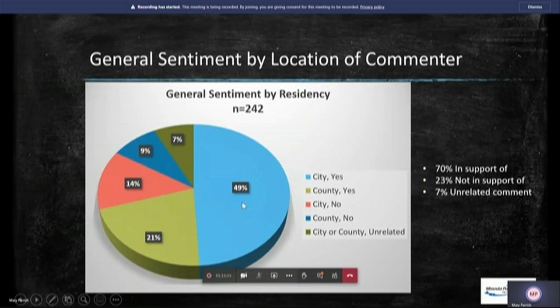If we look over here at the red, 14% of individuals that live within city limits were unsupportive. In the county, we see 21% were supportive, and 9% were unsupportive. So I just wanted to give you a little bit of information based on sentiment, based upon where people are located within the county itself.